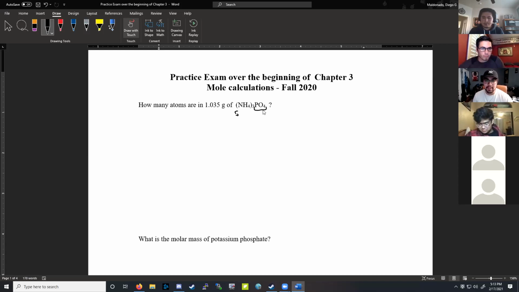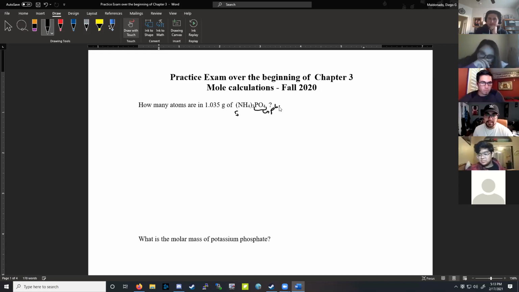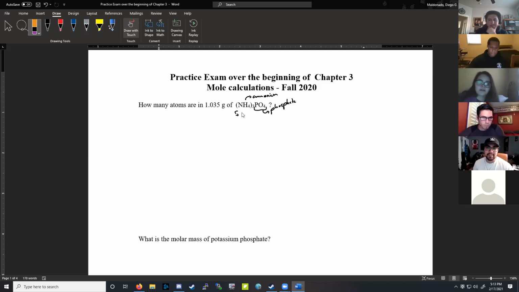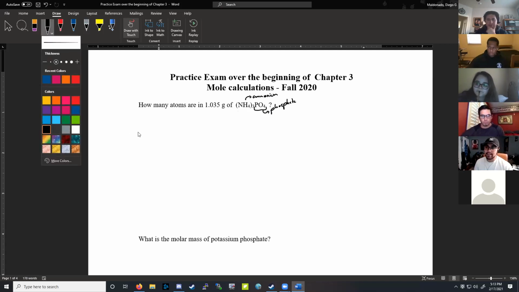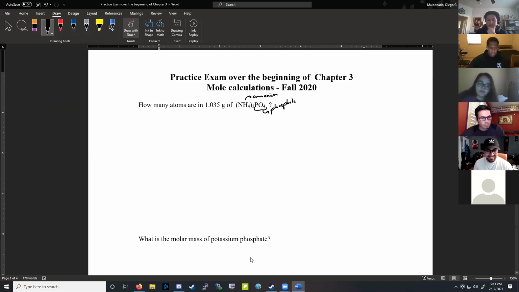Yes, this is phosphate, and then ammonium. And what is NH3, just as a question? Ammonia. Yeah, it's a really stinky compound. But yeah, ammonia. Okay, so ammonium phosphate.